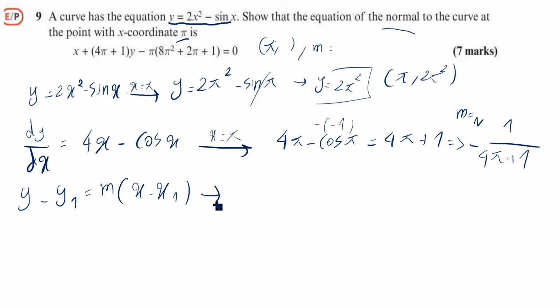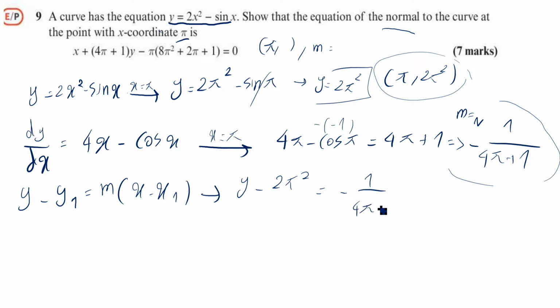And now we are going to use the gradient that we found and also the set of coordinates that we now have in order to find the equation. So it's going to be y minus y1, which is 2 pi squared, equals gradient, which is minus 1 over 4 pi plus 1, then times x minus our x1, which is pi.